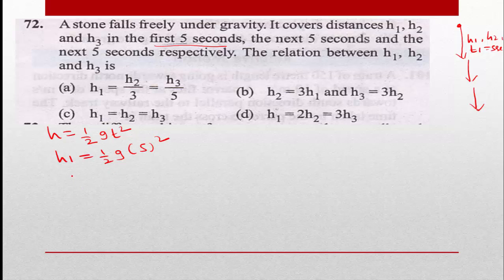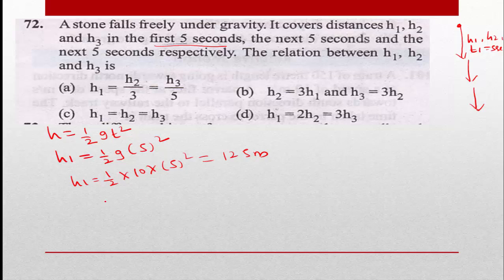Therefore h1 equal to 1 by 2 into g, taking g as 10, into 5 square. 5 square value is 25. 25 into 10 is 250. 250 into 1 by 2 is 125.